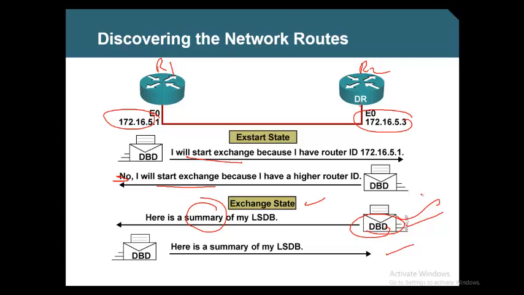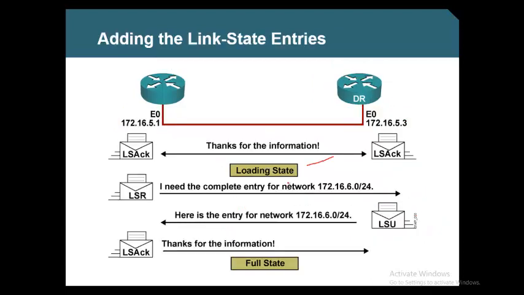Those queries will be sent during this loading state. For example, R1 is telling, I need complete entry information about this network. The summary that you gave me is not clear. I need some more info. This is what we call LSR, link state request, asking for clarity, more info.